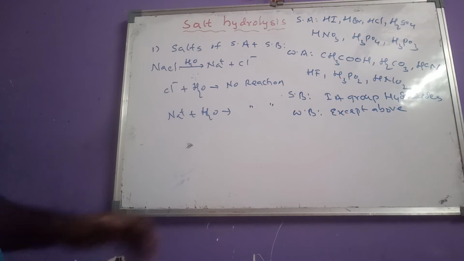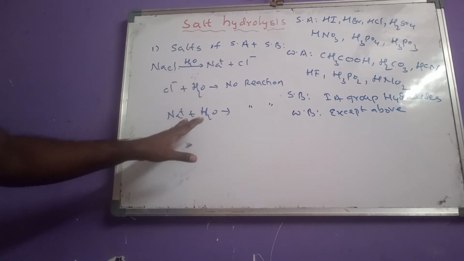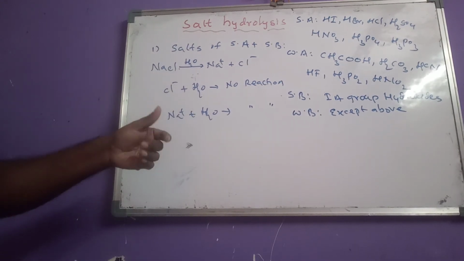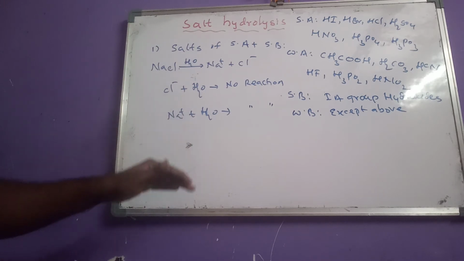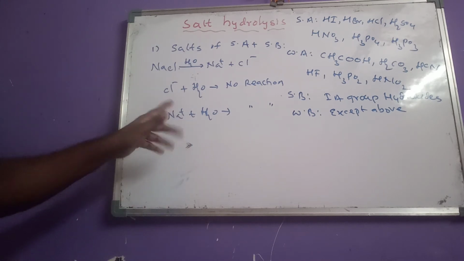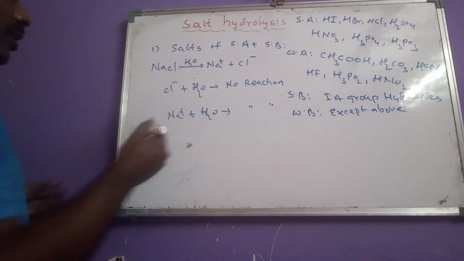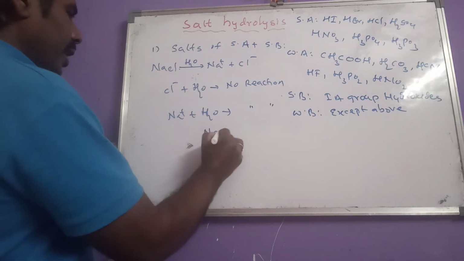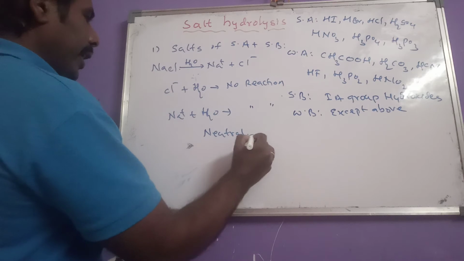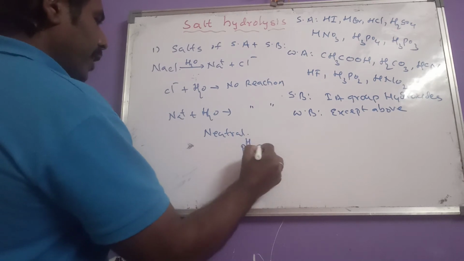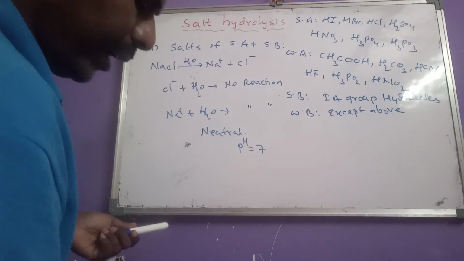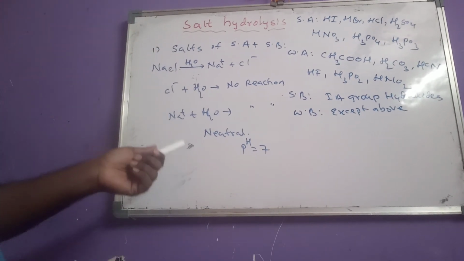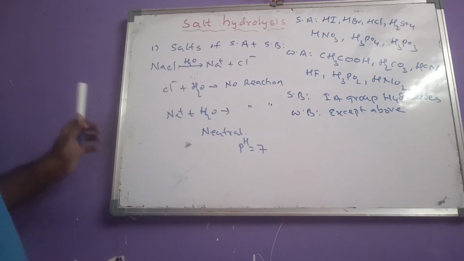Now, when NaCl is dissolved in water, there is no chance of H+ or OH- ions in this aqueous solution. So, the solution is having neutral nature. pH value is exactly 7 and no hydrolysis takes place, either cationic or anionic.